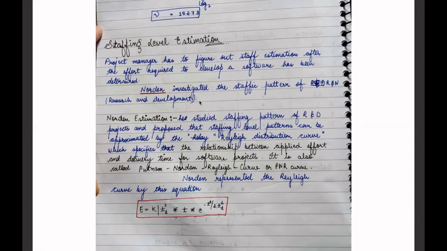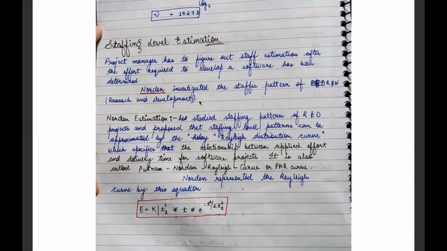He studied the staffing pattern of R&D projects and proposed that the staffing level pattern can be approximated by the Rayleigh distribution curve, which specifies the relationship between applied effort and delivery time for software projects.